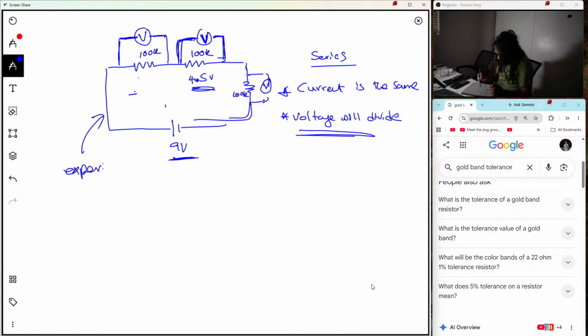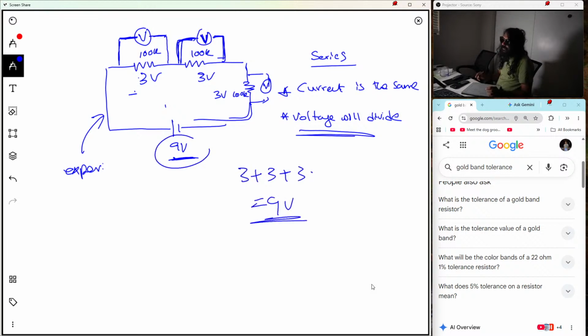This is now not 4.5, it will be 3 volts, 3 volts and 3 volts, divided equally among the three resistors. 3 volts plus 3 volts plus 3 volts is equal to 9 volts in total, right?